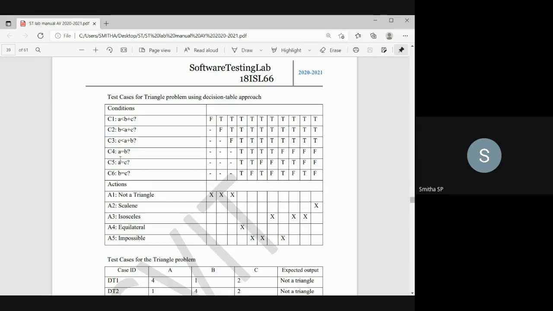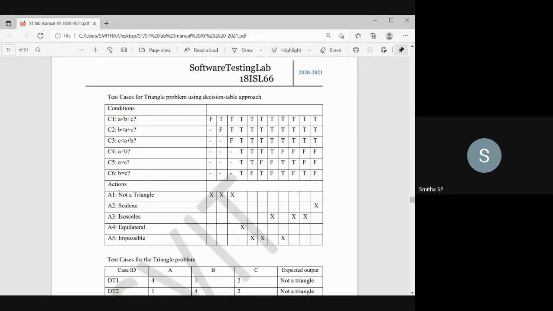Then for these sets of inputs, the necessary actions have been written over here. Let's look at the first condition: a is less than b plus c. If this condition, C1, the first condition, has failed, in the sense whether it forms a triangle, if any one of the conditions failed, it is not forming a triangle at all.